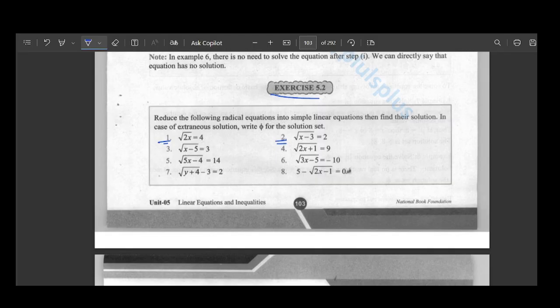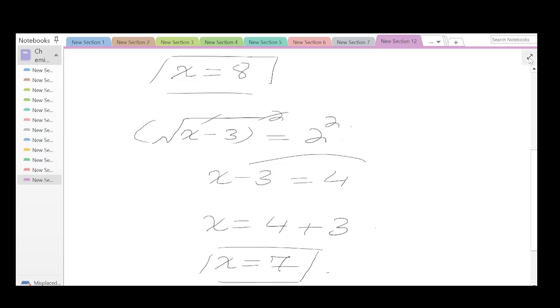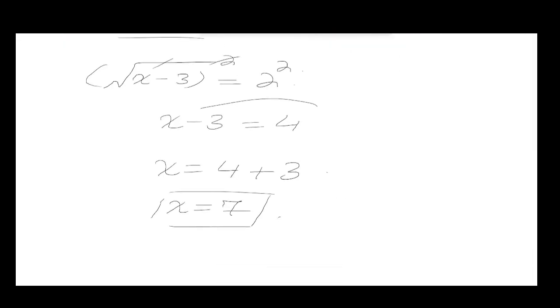Now let's move on to question number 3. Here we have square root or radical sign of x minus 5 and that is equal to 3. So this is the same as question number 2, but just the values have been changed. We can write x minus 5 is equal to 3. So now we're going to take the squaring on both sides.